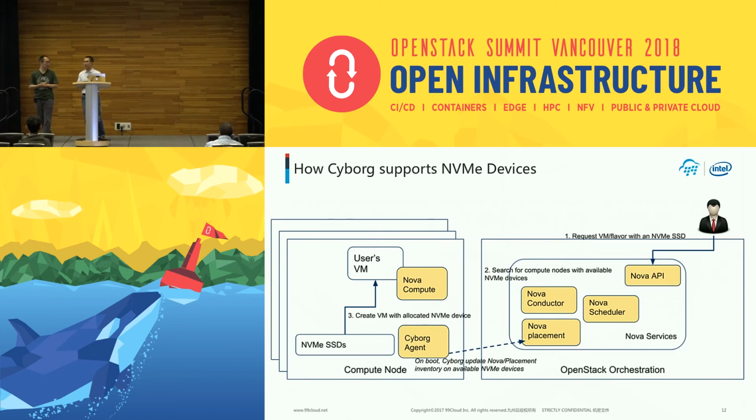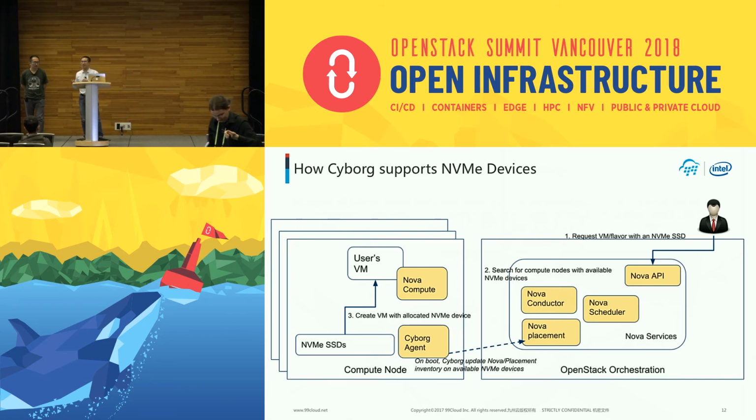Yeah, I think let's go back to see why the Cyborg project was born. It is because when you are going to use a GPU in Nova, it's not an easy way. You have to do a lot of configuration, right? And the same for many other acceleration devices.